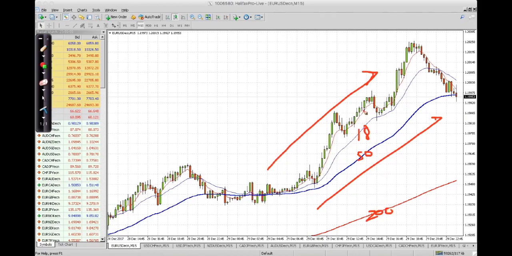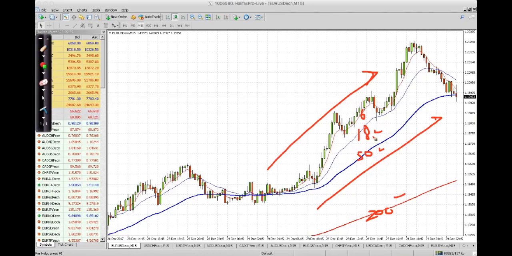Now this red line is the 6 moving average, so 6, 18, 50, 200, okay? For the advanced strategies, I'll be using mostly the 18, 50, and 200, not the 6. Although we use the 6 a lot in the impulse pullback and impulse pin bar strategy in the basic course, for this course I'll be focusing on the 18, 50, and 200.